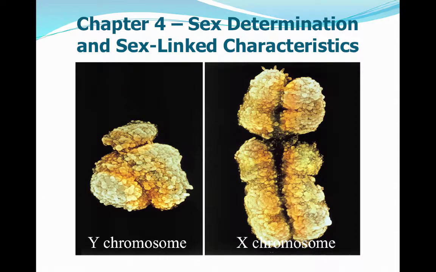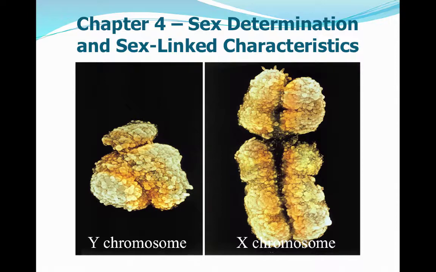Hi everyone. We are starting chapter 4 in the Pierce text, which is all about how sex is determined in individual species and some of the characteristics or traits that are linked to the sex chromosomes. Just keep in mind for the remainder of the chapter, we're really going to be focusing on both the X and the Y chromosome, and shown on this slide are microscopic digital photos of the X and the Y chromosome.